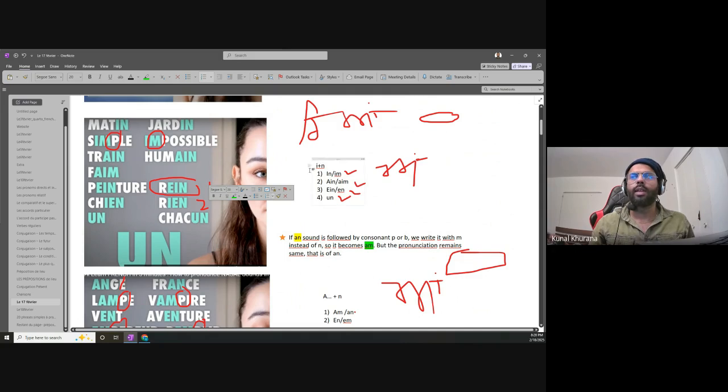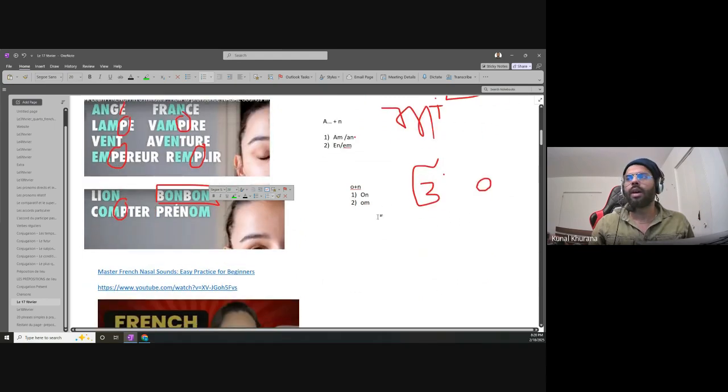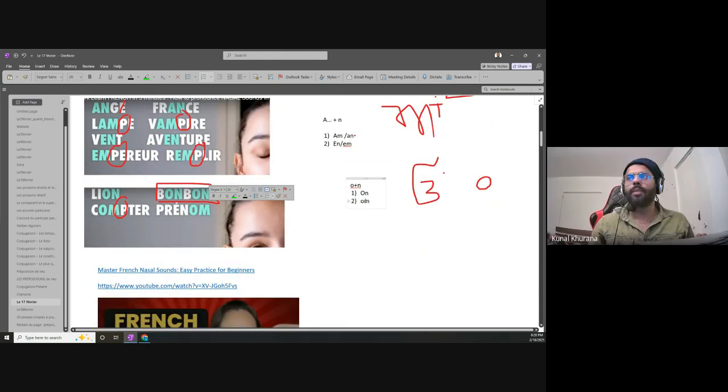Donc, si vous voyez tous ces mots, ça va être simplement un. Alors, la suivante, si vous voyez AM ou bien AN, ça va être un, EN ou bien EM. Encore une fois, ça va être un. Alors, si vous voyez ON ou bien OM, ça va être on.